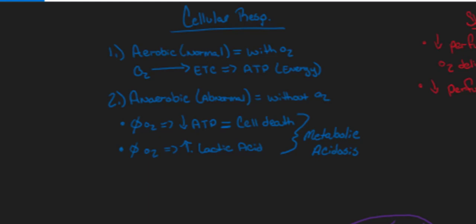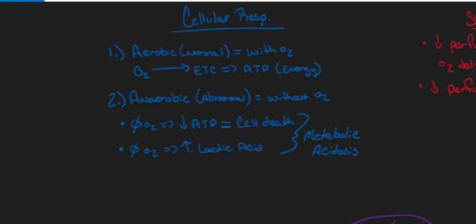What happens is oxygen is introduced and it is transported via the electron transport chain, and it goes into the Krebs cycle, and that process then forms ATP. Now ATP is nothing more than energy for our cells to utilize for their normal functioning. Well, that's normal cellular respiration and metabolism.